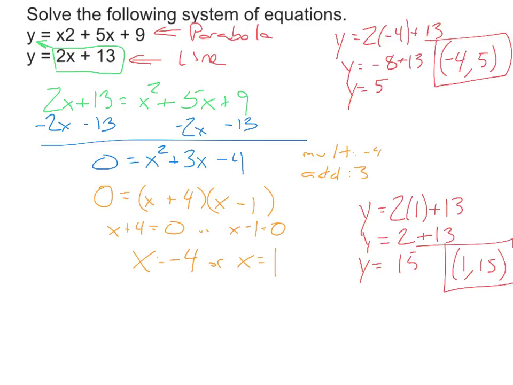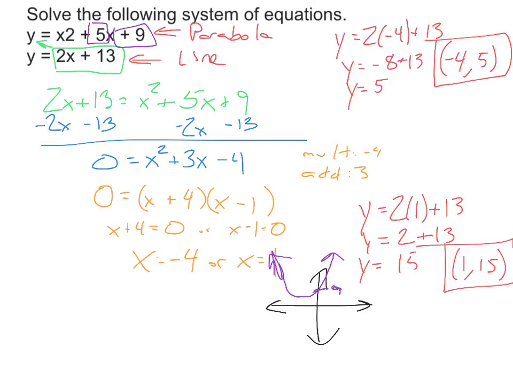If I were to just make a rough sketch of this, well, we know that we're going to have a y-intercept of 9. My vertex, the x-coordinate, is going to be sitting at negative 2.5 because I'm going to take negative 5 divided by 2 times 1. It's not going to cross the x-axis, so it's going to look in general like that. Okay, there's a basic sketch of it. This right here is where we cross the y-axis at 9.